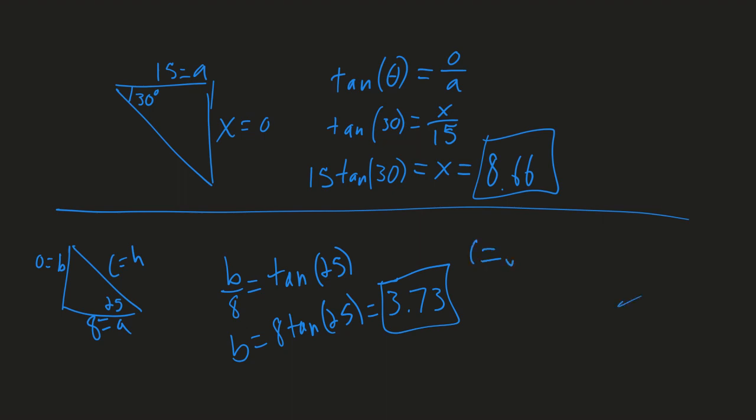So C is going to be equal to the square root of 8 squared plus 3.73 squared. And you should get 8.82. Sweet. All right.